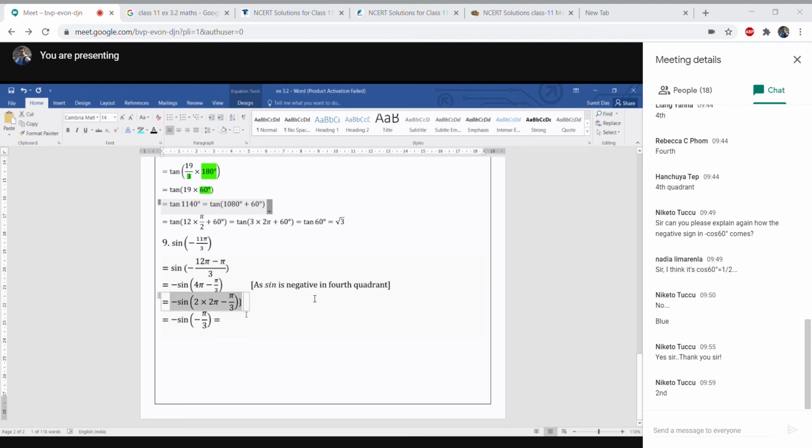Now it is minus sine of 2 into 2 pi minus pi by 3. Now the thing is that we know this angle is in the fourth quadrant, and in the fourth quadrant sine is negative. For that reason another minus sign will come here.